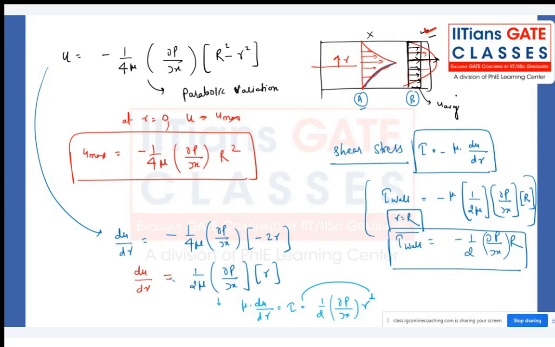What should be the value? Average velocity means we have to average the velocities of all the fluid layers. Some move with the maximum velocity, some with lower than maximum, but on average, with what velocity is the fluid moving in a pipe?